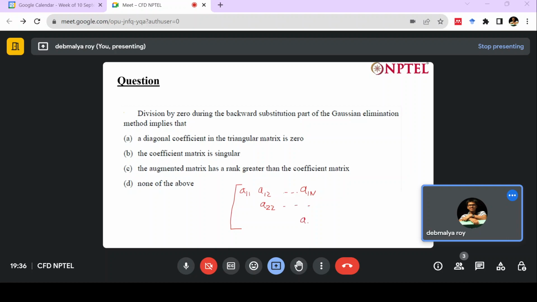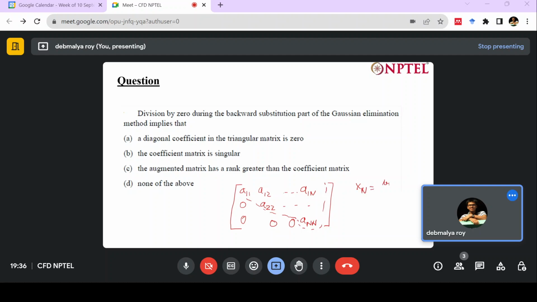Then we have already obtained this form where these are all zero, and this an is there, and now we are performing this back substitution step. So in this back substitution step, what will be our xn?